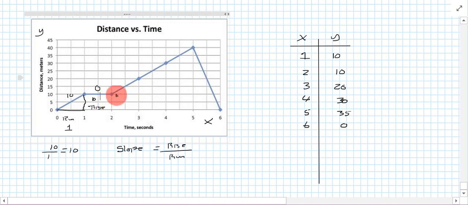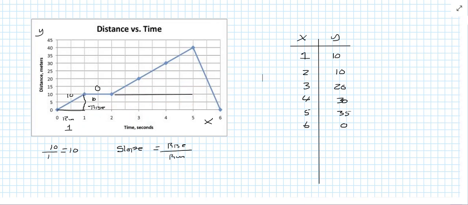Now if we think about, let's say, from here to here, so again we mark out the run, which is going to be from here to here. Okay, so that's going to be the run, and then the rise is going to be from here to here.